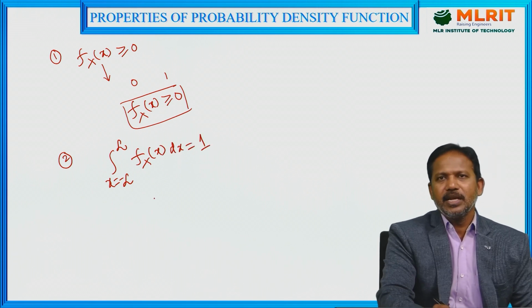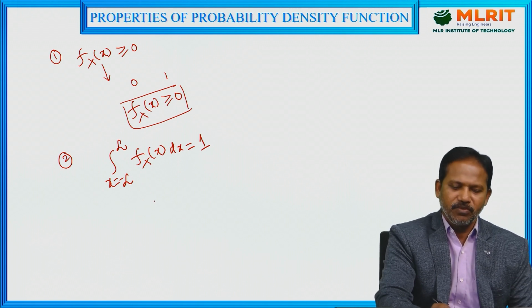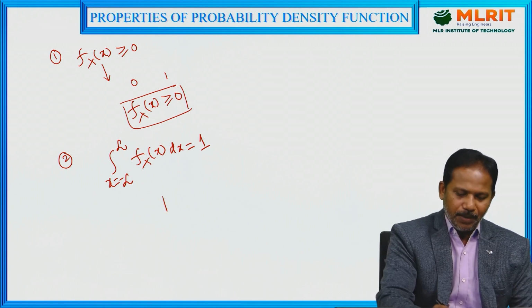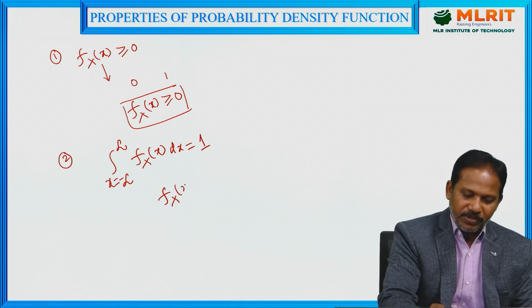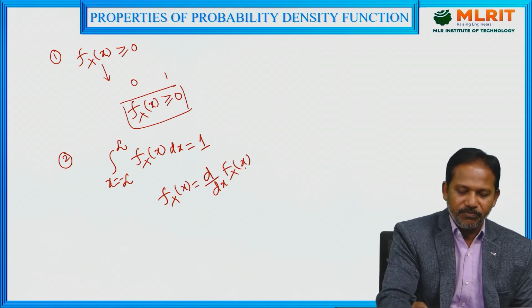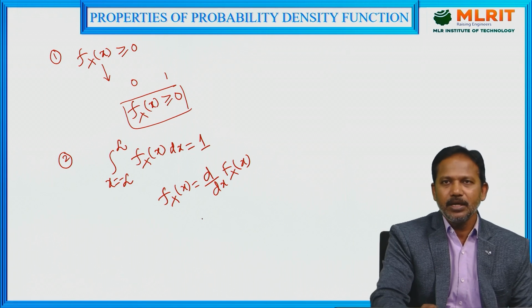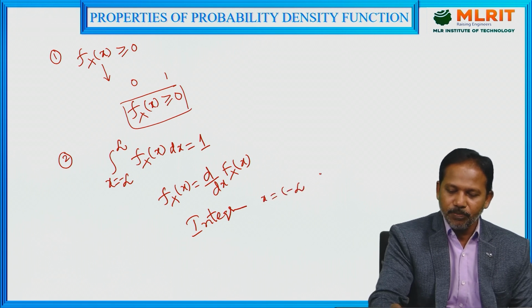Already we know the relation between the probability distribution function and the probability density function. What we know is that the probability density function, small fX(x), is the differentiation of the probability distribution function, capital FX(x). Now I need to apply integration on both sides, integration from x equal to minus infinity to plus infinity.